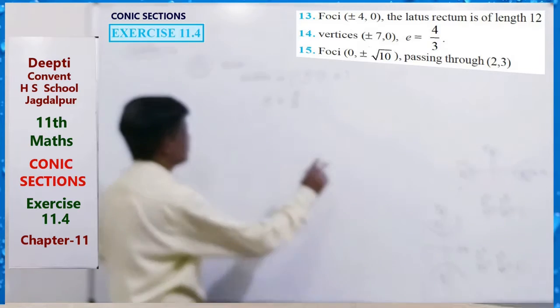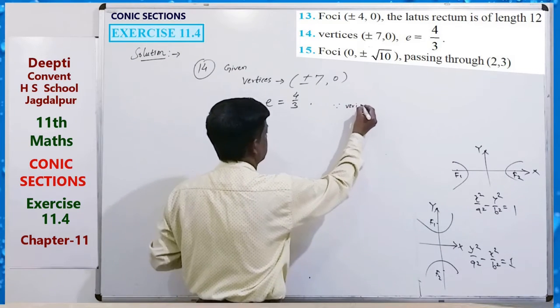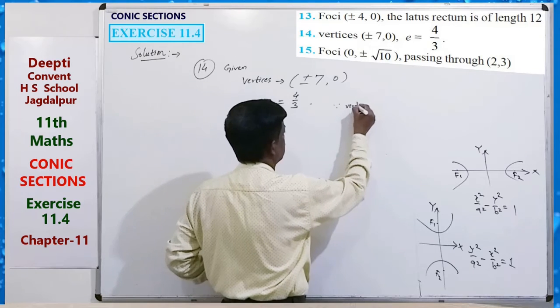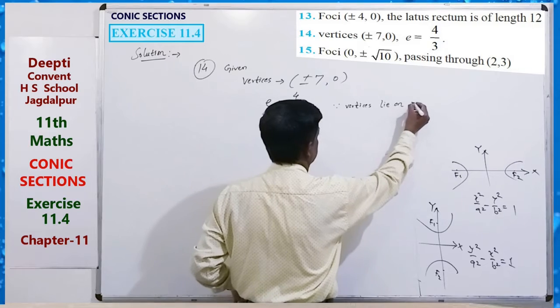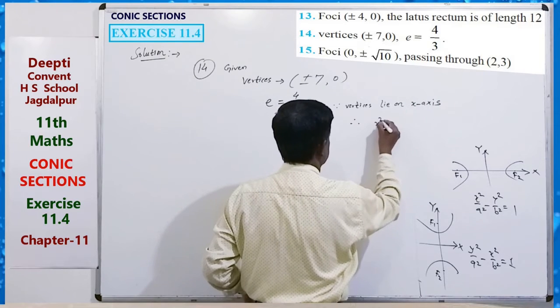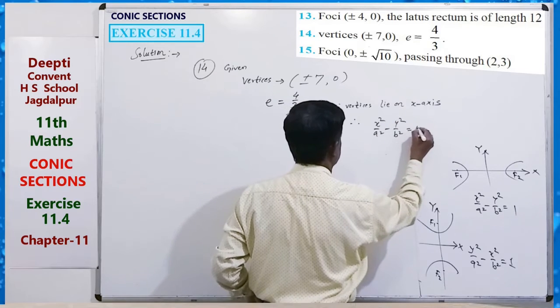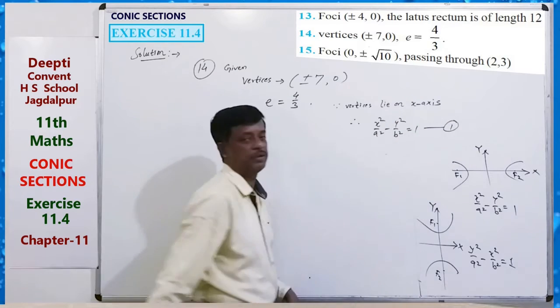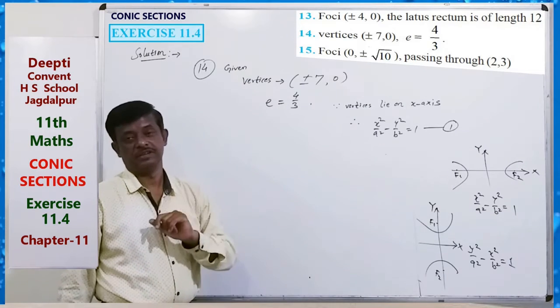Clear? So format is, since vertices lie on x-axis, therefore x square by a square minus y square by b square equals to 1 is the format of hyperbola. Now we have to find a and b.